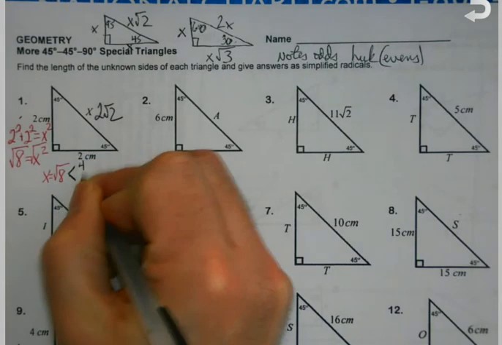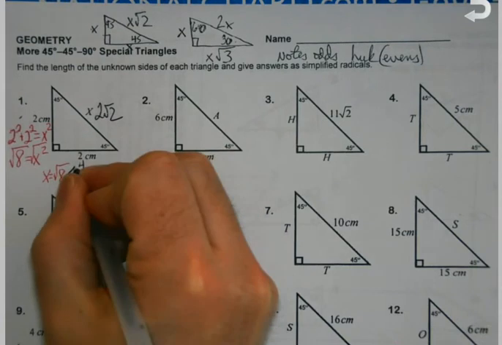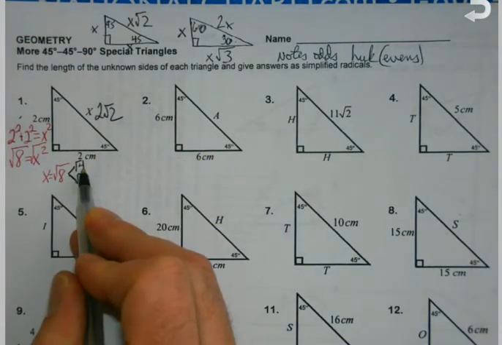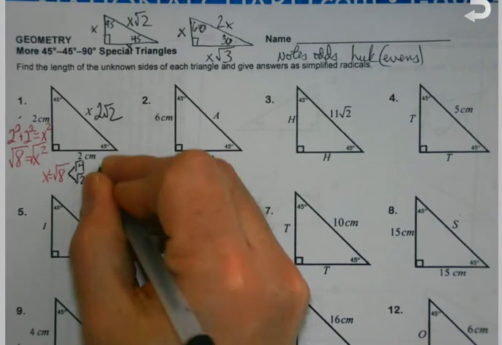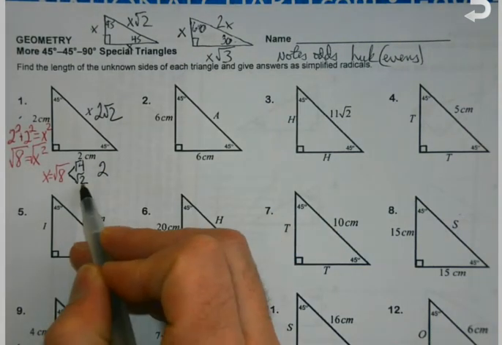Hence the need to know your squares, at least up to 12. Because when I find that perfect square, square root of 4 is 2, it gets out of radical jail with its new identity. The square root of 2, though, isn't perfect.